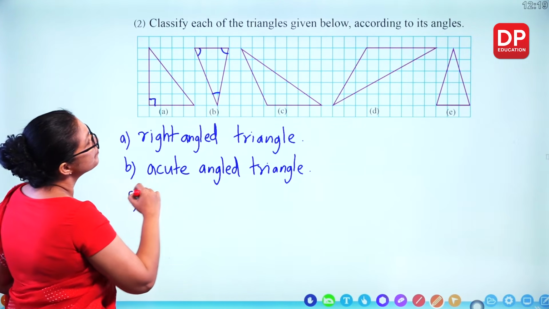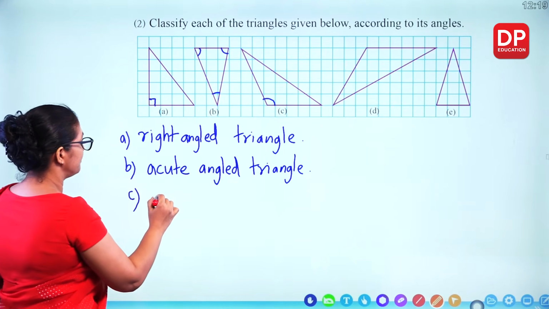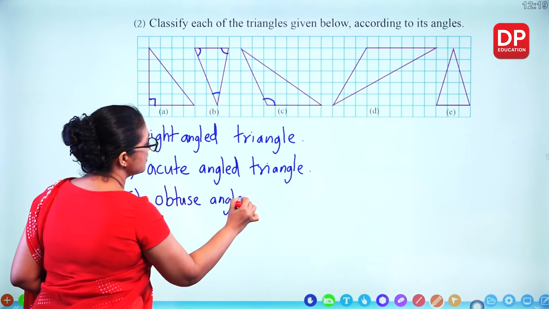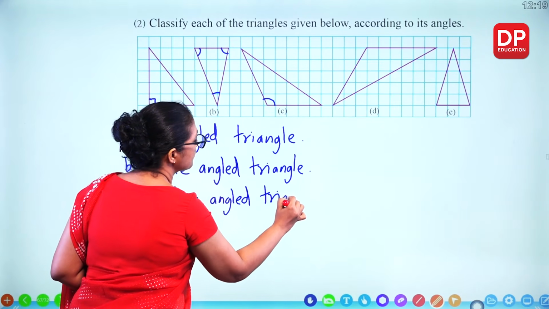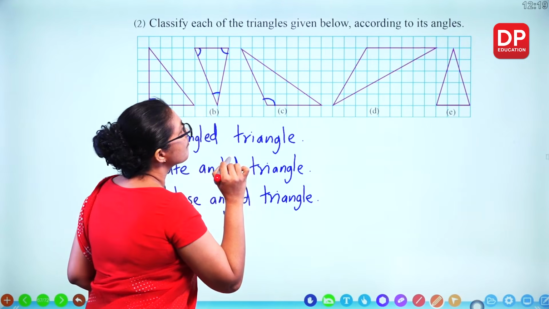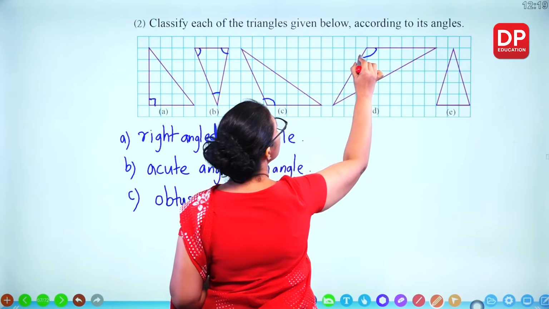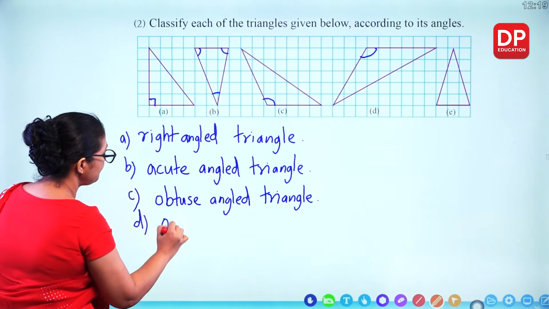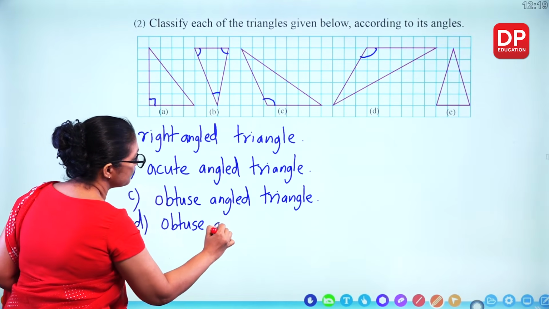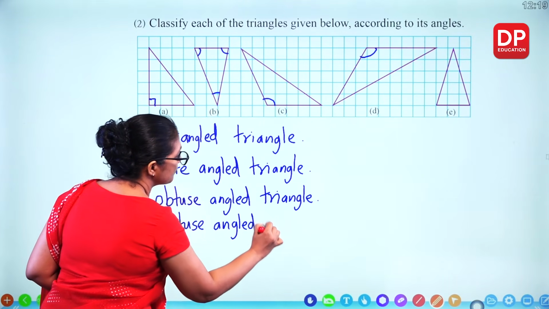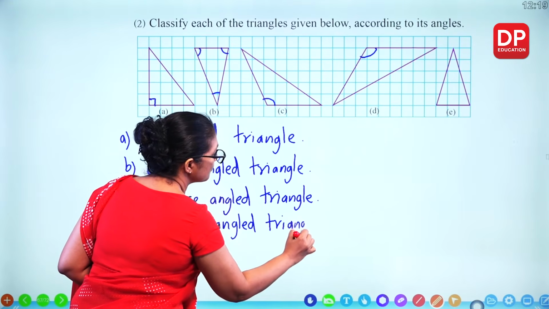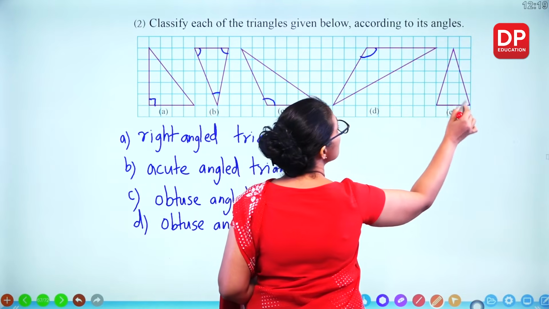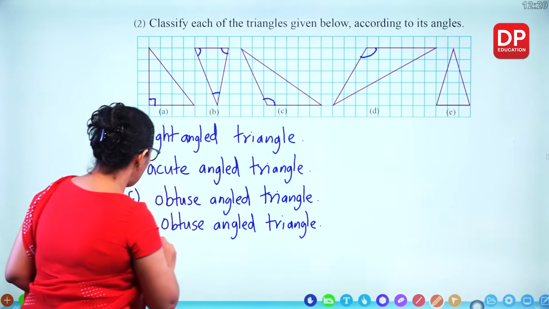C, one obtuse angle there. Obtuse angled triangle. This one, obtuse angle is there. So that means obtuse angle triangle. Then these all are acute angles. Acute angle triangle.